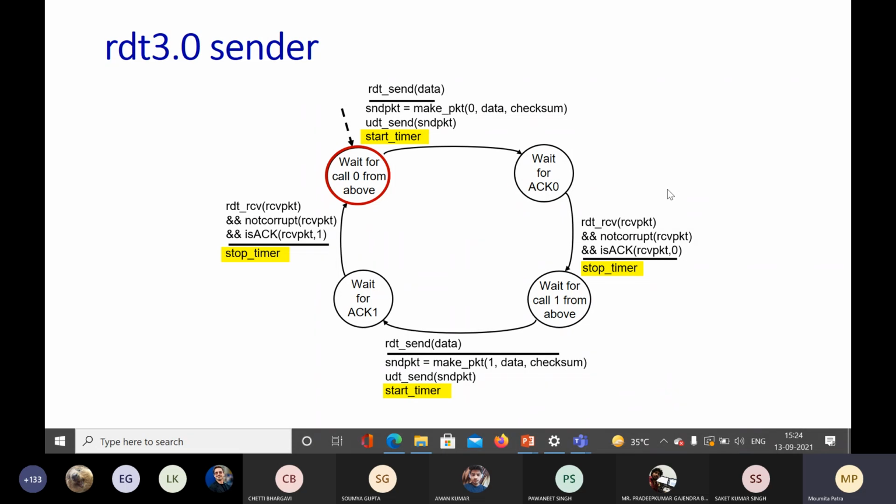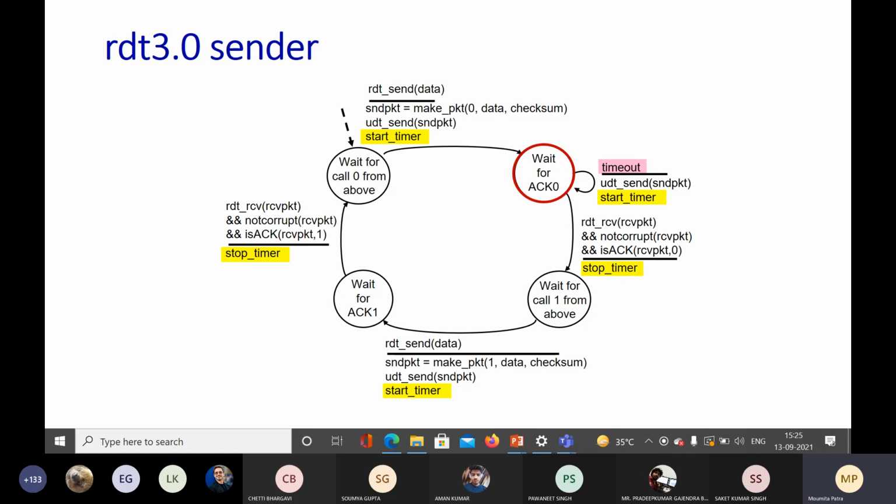Okay. Now we will see what happens if you started the timer but there was a timeout. So the sender was in this state, waiting for acknowledgement 0, and there was a timeout before it could receive any acknowledgement from the receiver's side.